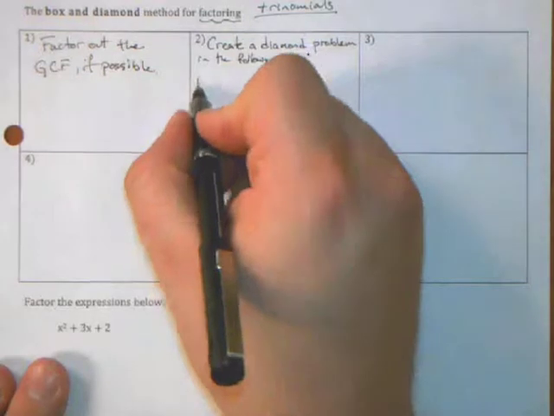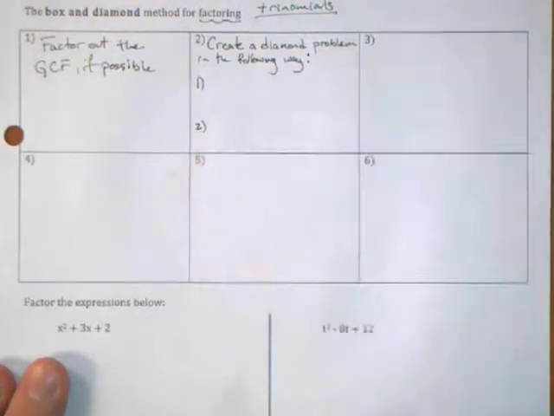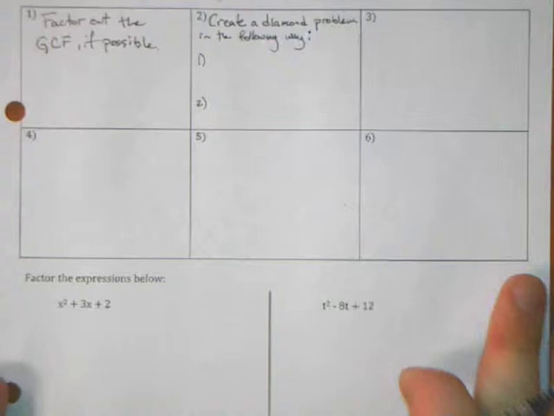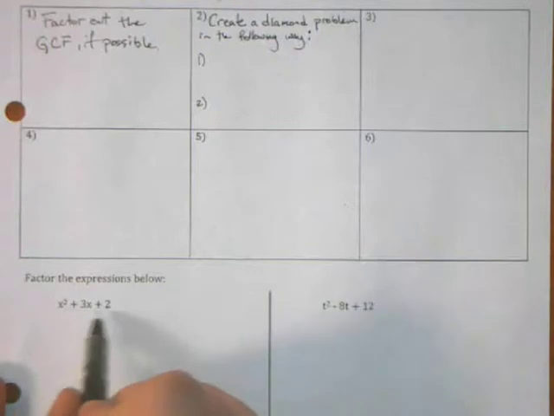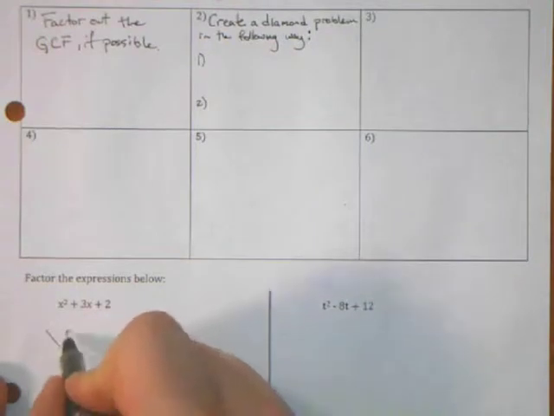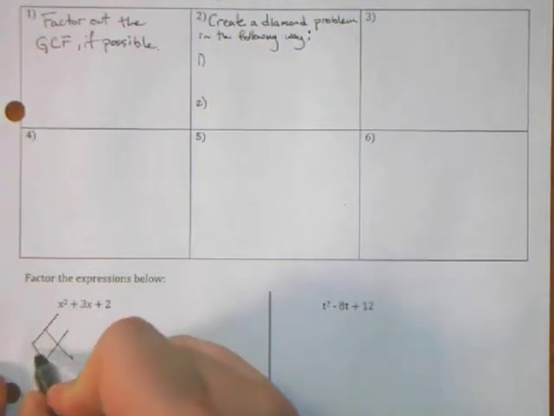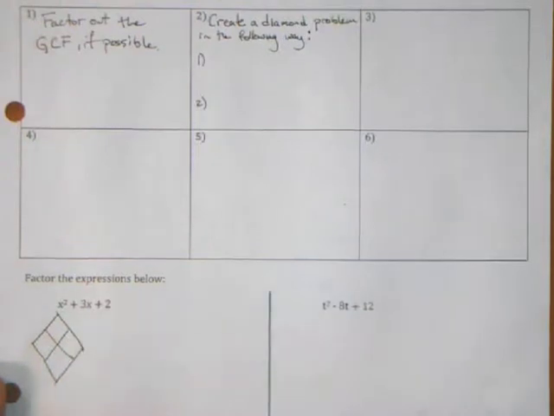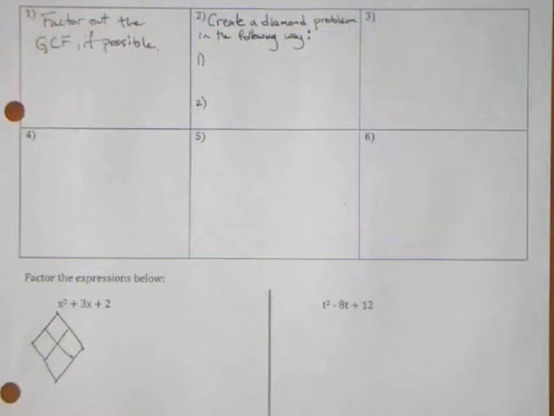It's going to be 2 steps. First, I'll draw a diamond. So if I'm going to try to factor x squared plus 3x plus 2, I better draw a diamond. You'll notice as I do more, I'm not going to put the outside lines, so I'm just going to do the little cross hatches. I'm going to create and fill in a diamond problem the following way.